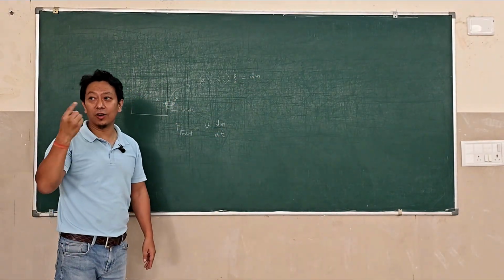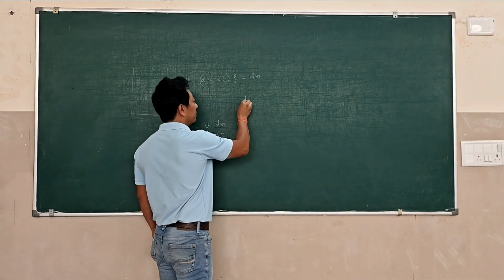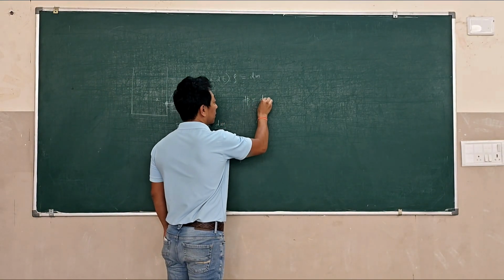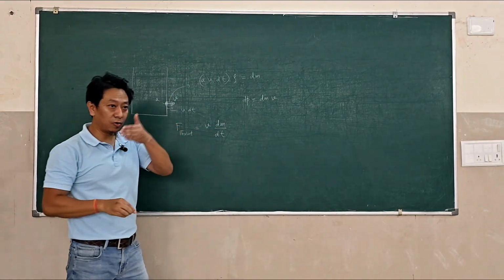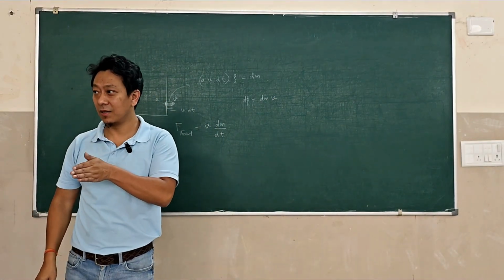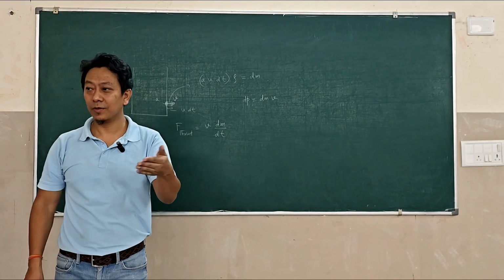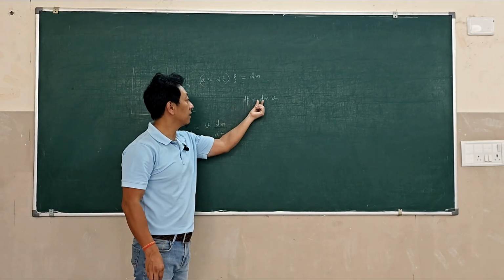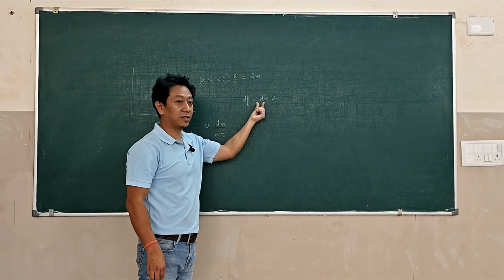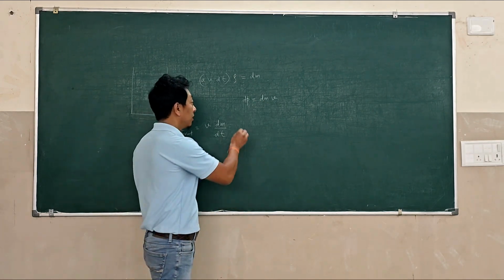And that into velocity, you can think as change in momentum. It started with 0 speed, it goes to v speed. So dm mass went from 0 speed to v speed. So its momentum changed by this much. Mass into final velocity, initial velocity is 0.